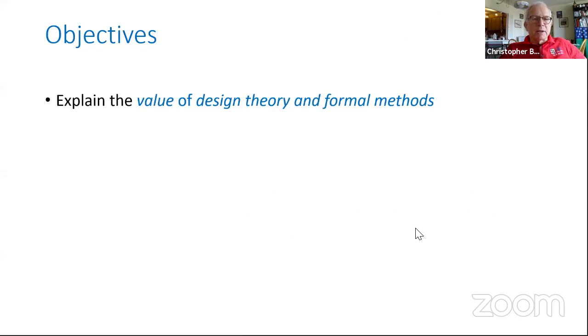So our objective, I want to explain the value of design theory and formal methods. We pretty much ignore design theory and formal methods at WPI, and that's nothing special. I think this is something that is often overlooked, particularly in the United States.